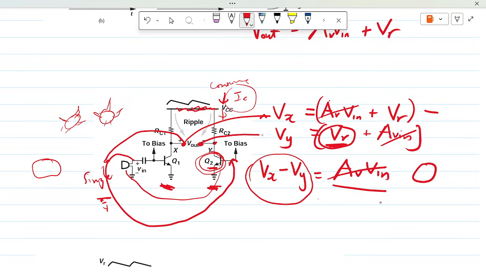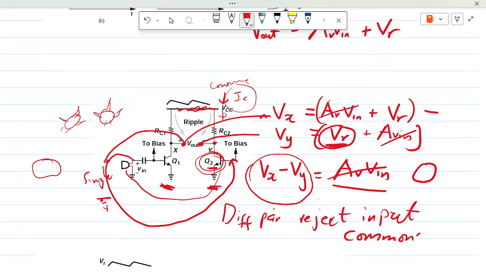Remember in the first video I said differential pairs reject input commons. So any signal that is common to both inputs would be rejected at the outputs, unless we can create a differential signal at the input.